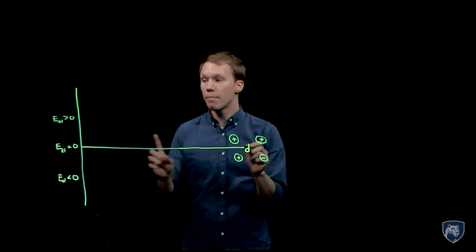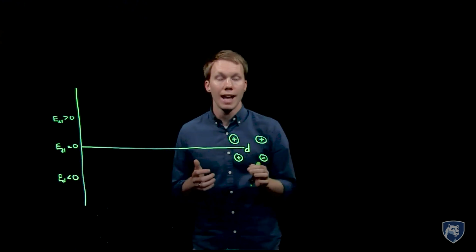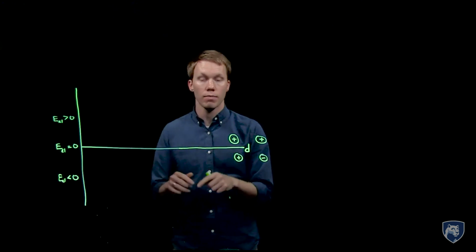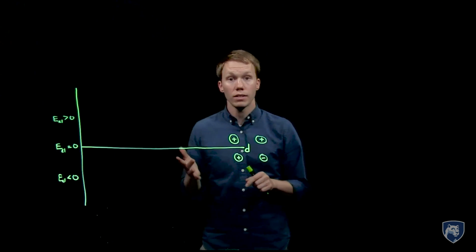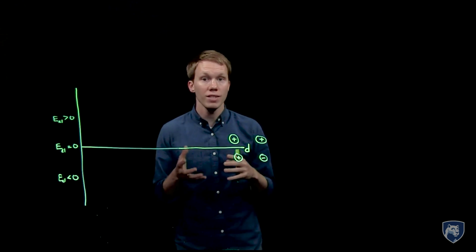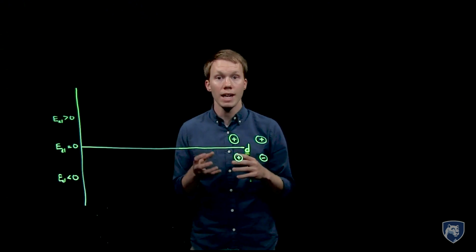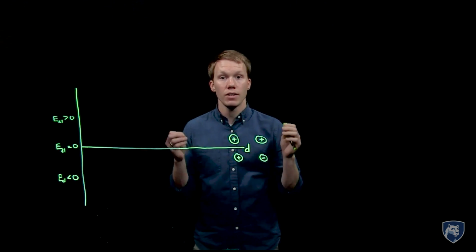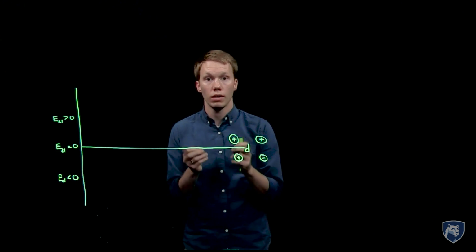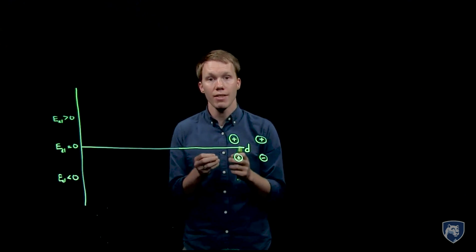What do you think is going to happen to the electrostatic potential energy as these particles get closer and closer together, as a smaller distance? Well, there is a repulsive force between like charges, just like there's a repulsive force between like poles on a magnet. And the surroundings must do work in order to bring those like charged particles closer together.